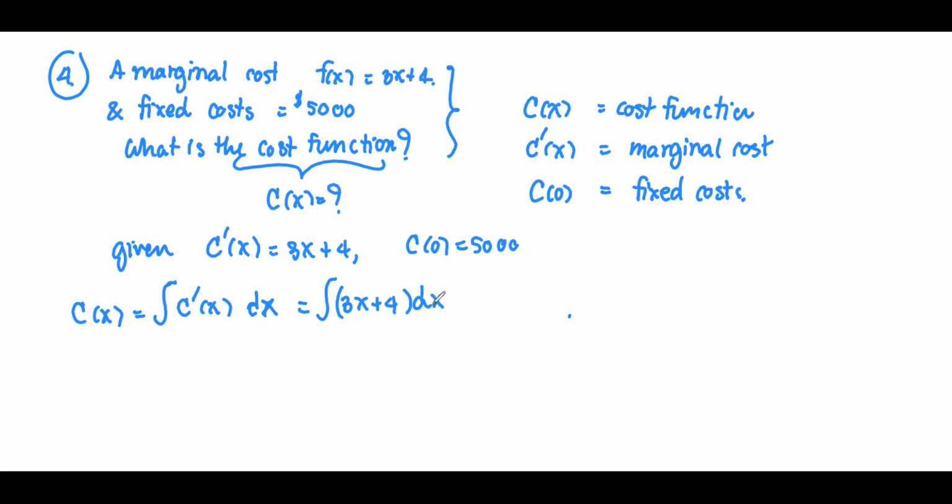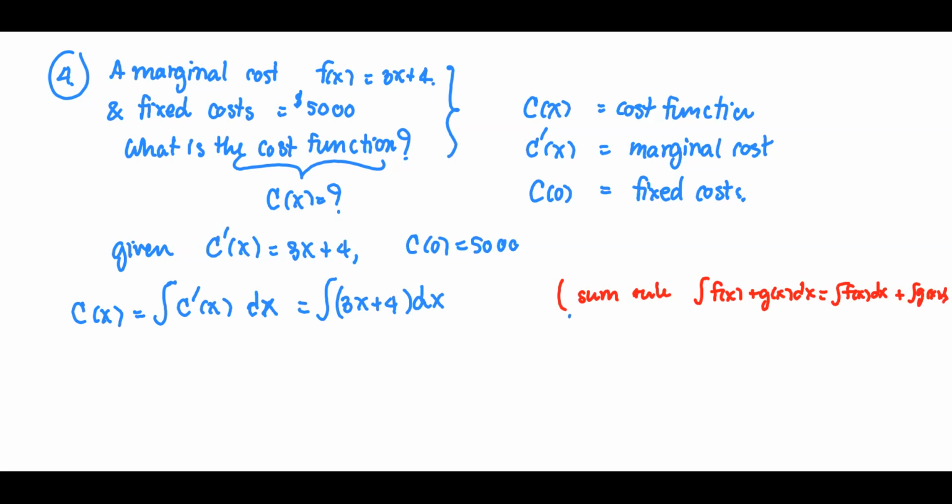We have the integral of the two terms, or the integral of the sum. We're going to use the sum rule, which is the integral of f plus g is the integral of f of x plus the integral of g of x with respect to x.